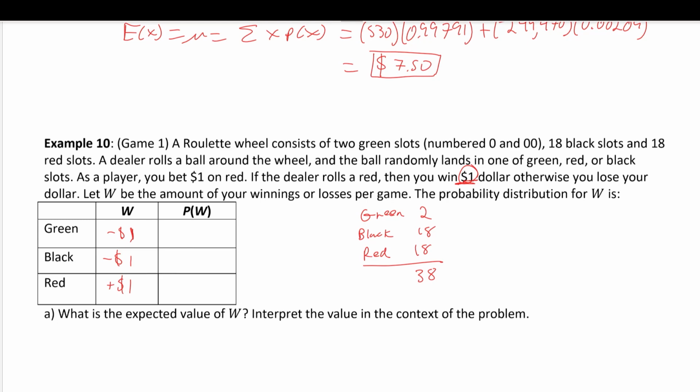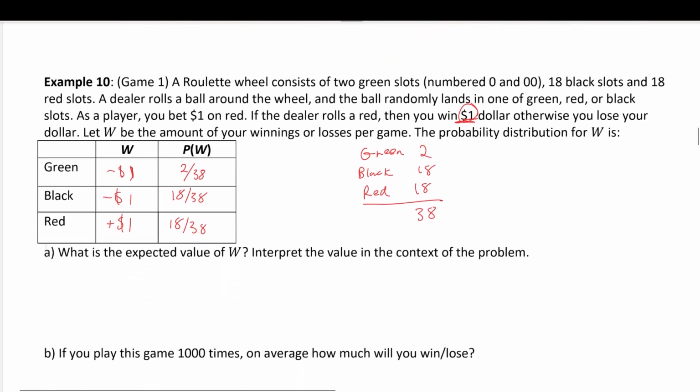So 2 out of 38 should be the probability for green. For black, there's 18 out of 38. For red, there's 18 out of 38. And if you were to add these probabilities up, 2 plus 18 plus 18 is 38, divided by 38. It does add up to be 1. So this is definitely a probability distribution, of course.